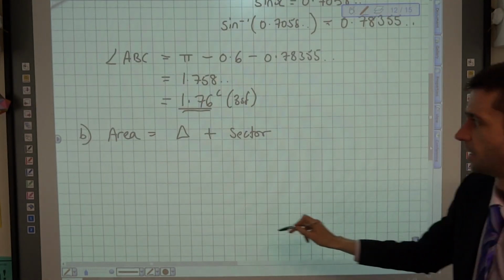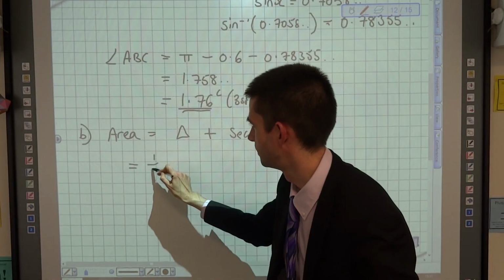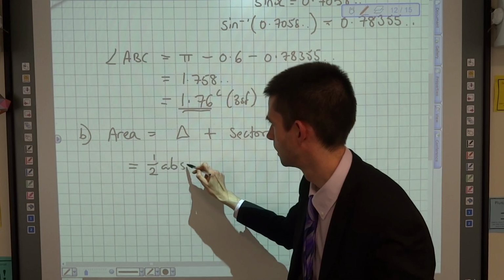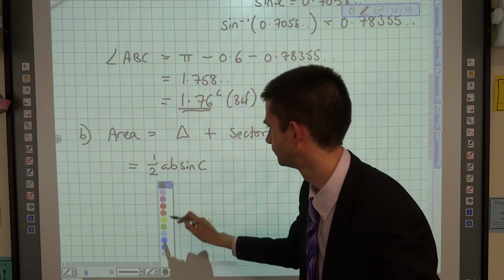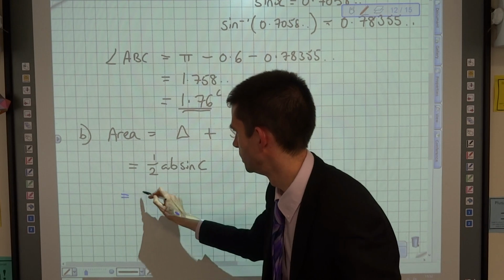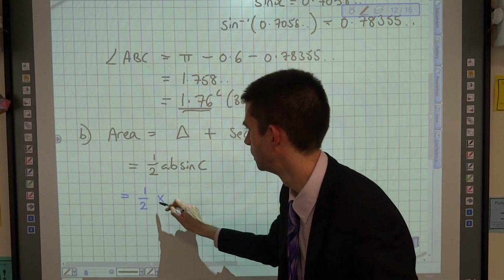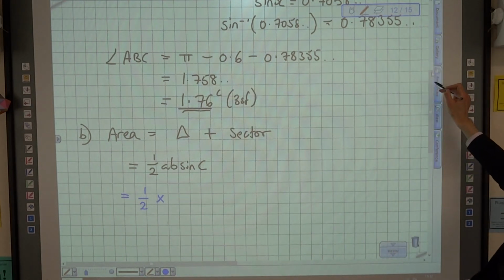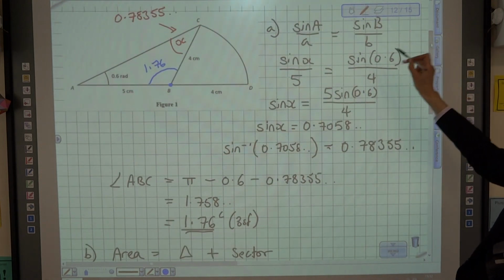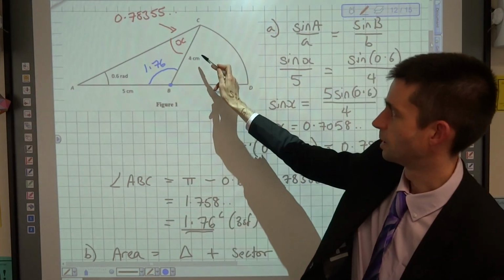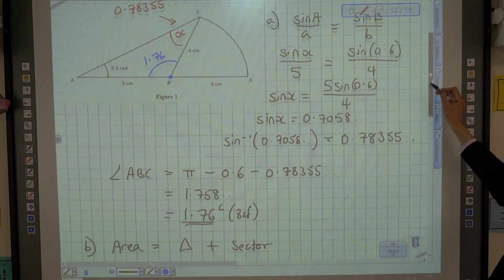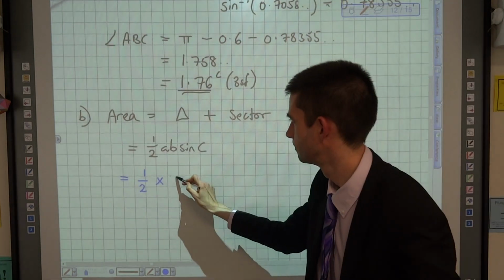So I'll just jot that in there. It's going to be half AB sine C, which is going to be a half multiplied by 5, multiplied by 4, multiplied by sine of 1.76.